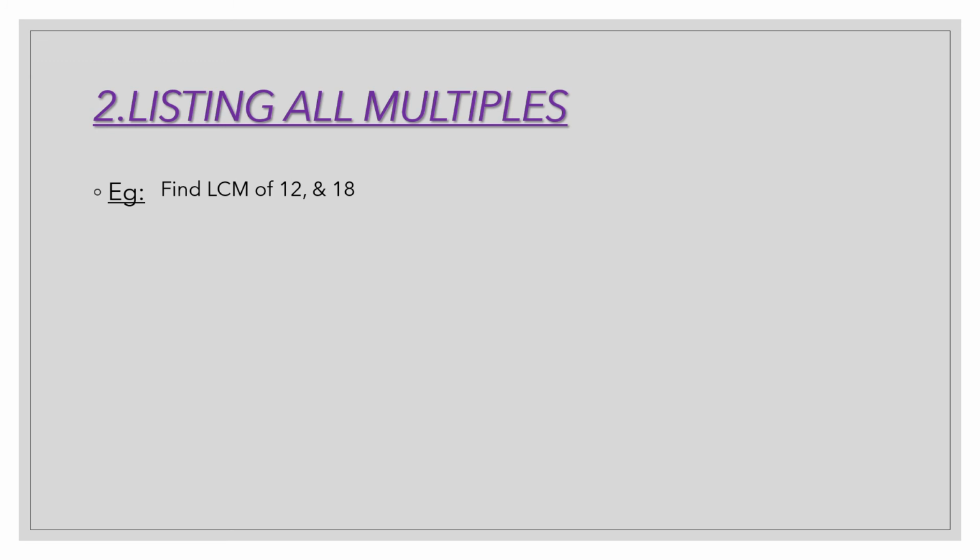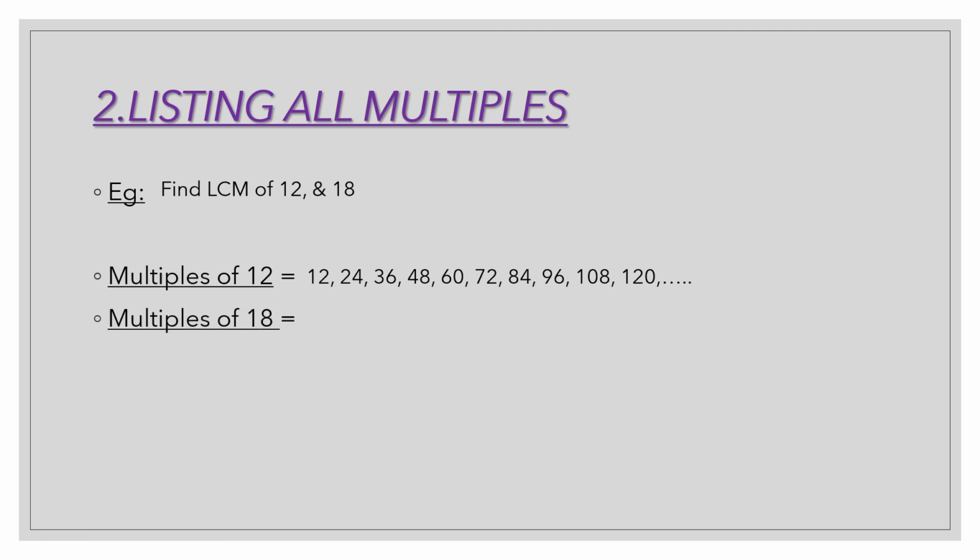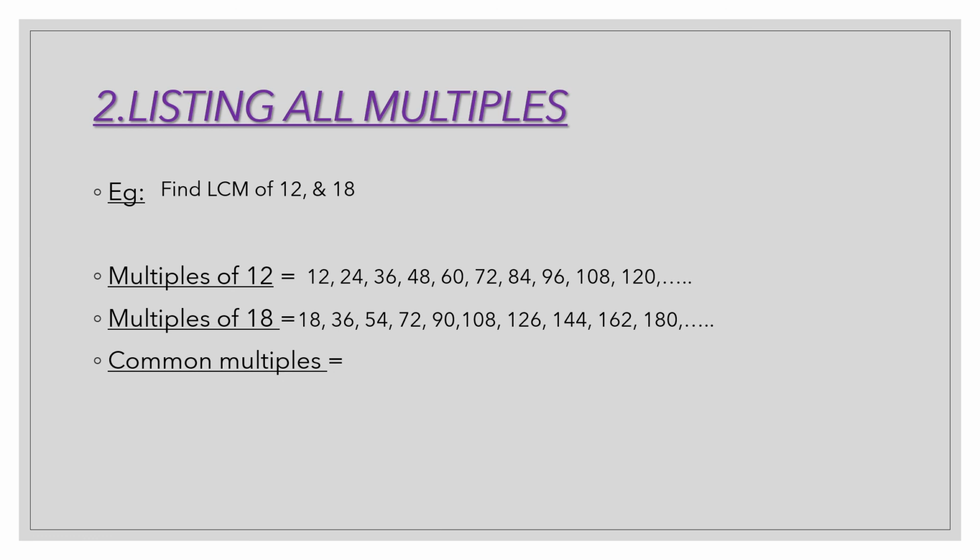Here multiples of 12 means we should know the 12 table. 12 ones are 12, 12 twos are 24, 12 threes are 36, 12 fours are 48 and so on. Same way we find multiples of 18. 18 ones are 18, 18 twos are 36, 18 threes are 54, 18 fours are 72, and so on.